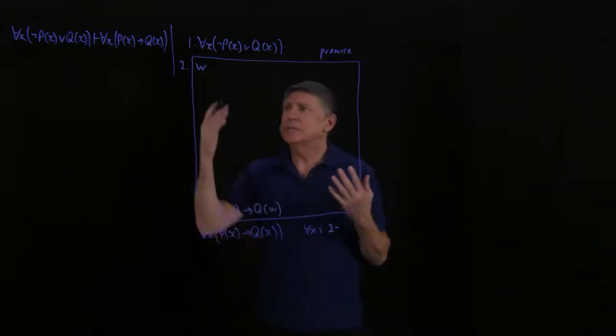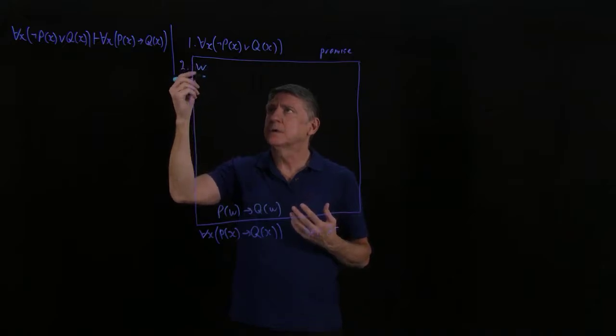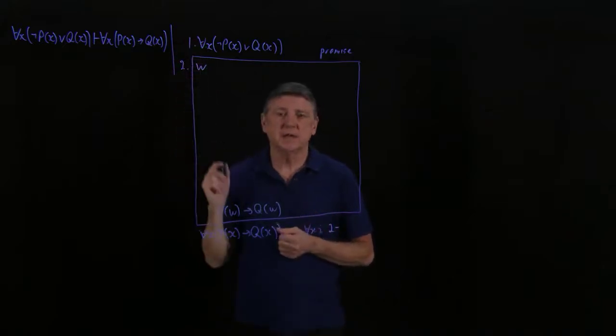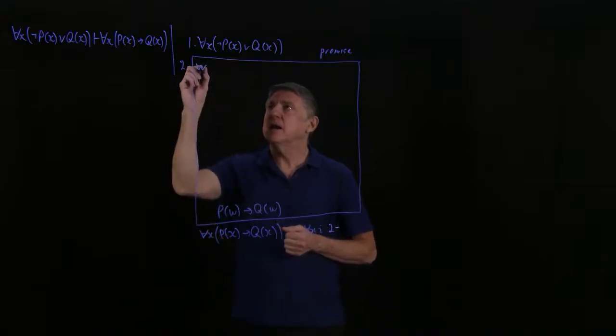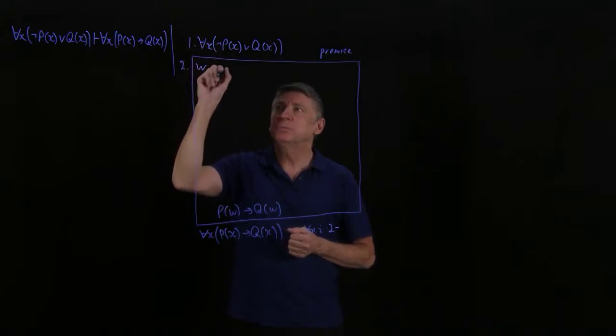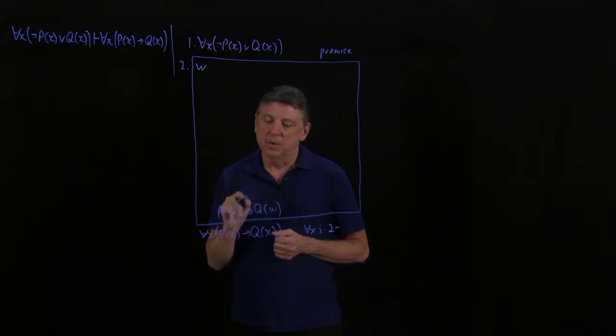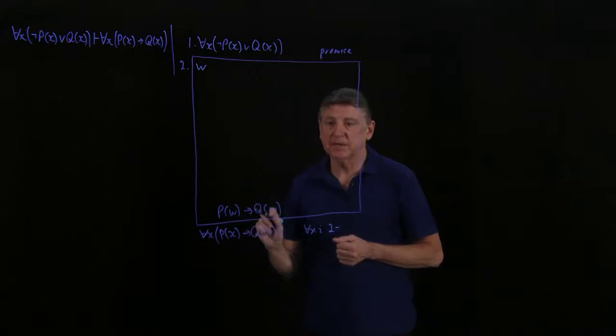I now take my assumption and ask myself, what from the preceding lines of the proof that are within scope can I do? And I see that I could do universal elimination, and I could then break this down. I see that my goal formula is really a statement in propositional logic, right? It's an implication.